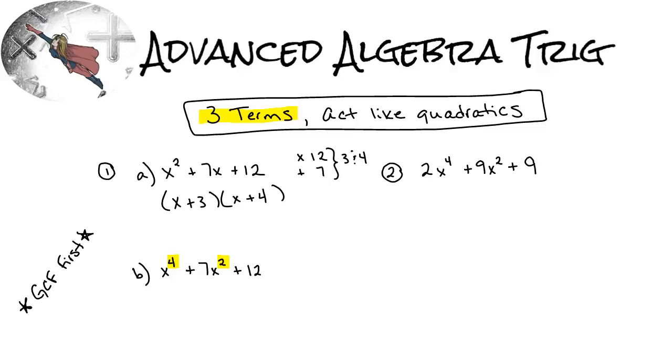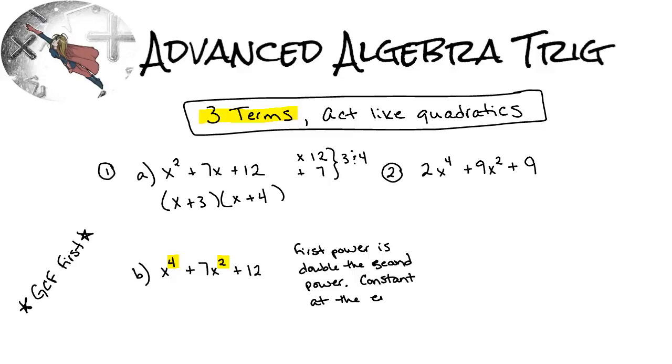The reason this will work exactly the same as a quadratic is because the first power is double the second power. And there's a constant at the end.